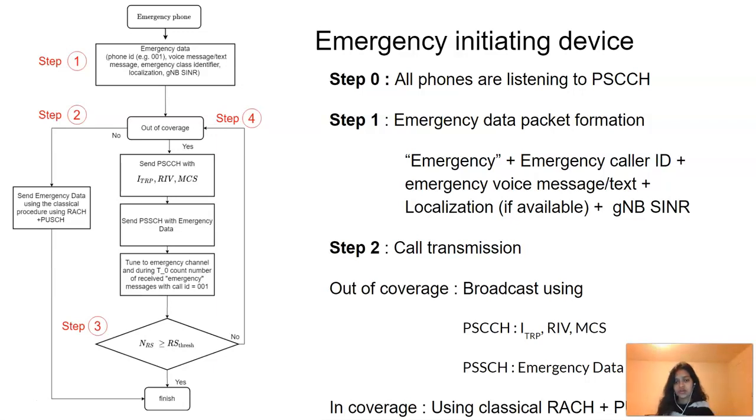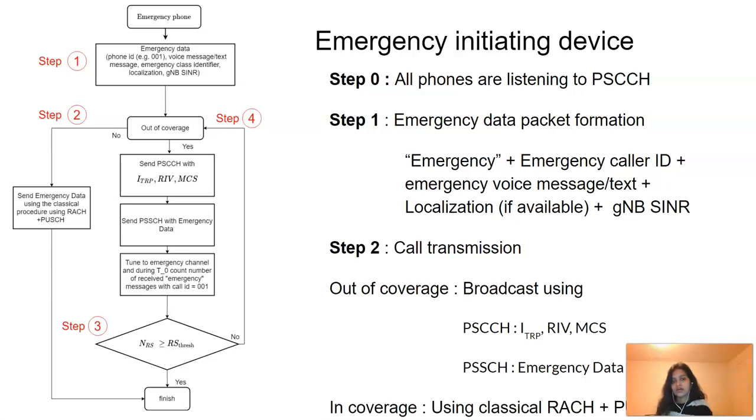When a person wants to send an emergency call, the phone will create a data packet including the emergency call ID, emergency class identifier, localization information if available, and SINR information if available.